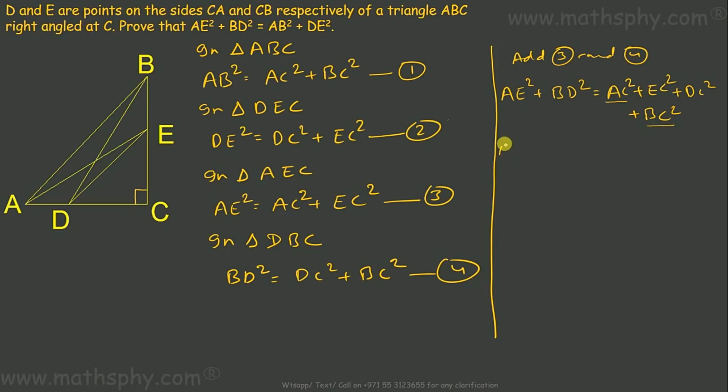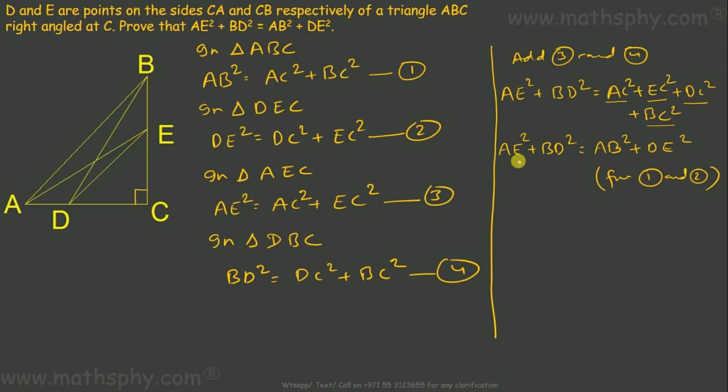So AE square plus BD square is equal to AB square plus DC square plus EC square, and DC square plus EC square is equal to DE square, from 1 and 2.